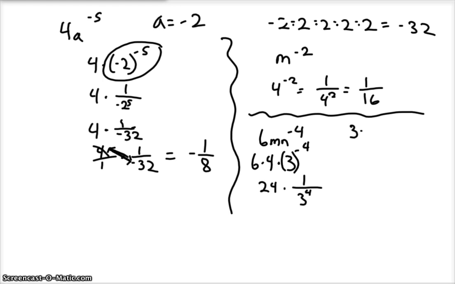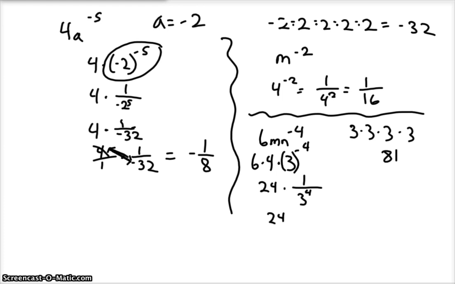So that's 3 times 3, which is 9, times 3, which is 27, times 3, which is 81. Yeah, 81.